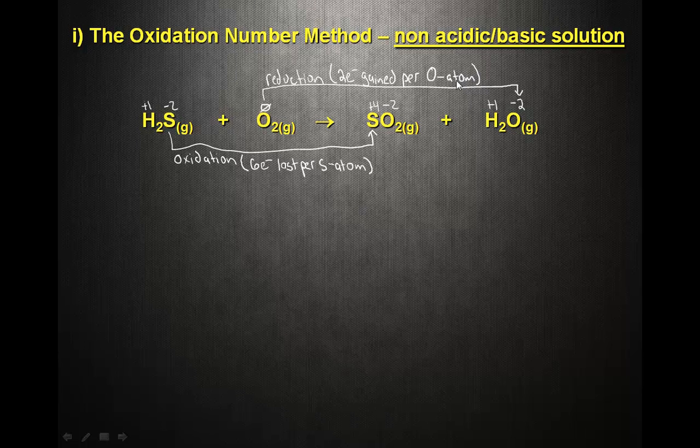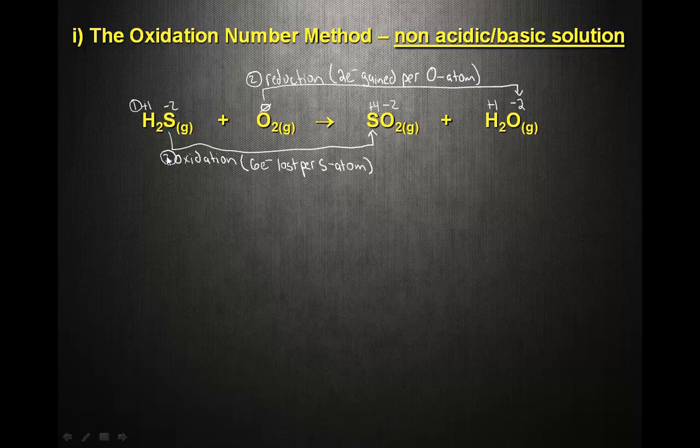Okay, so I'm going to go back and label now. Step 1 was to put oxidation numbers. Step 2, as you see up there, was to figure out how many electrons lost or gained per atom. So that's what we've just completed.